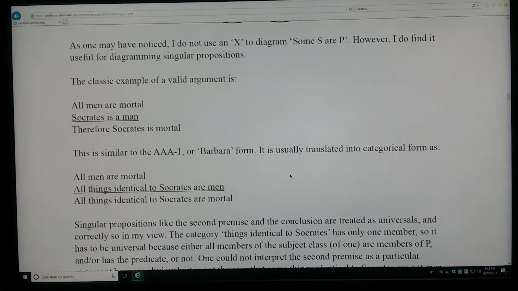What's going on is that the belief is that you would have to create one class with Socrates as the lone member, and that this would enable you to use some of the tools that we often use for evaluating categorical logic arguments. That enables you to turn it into a syllogism.